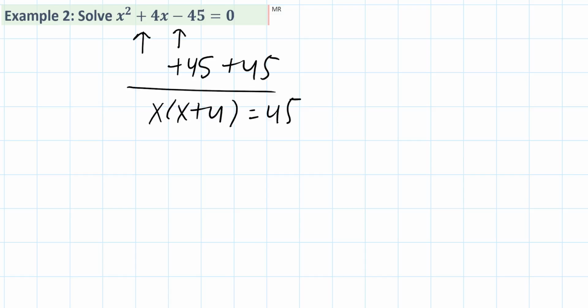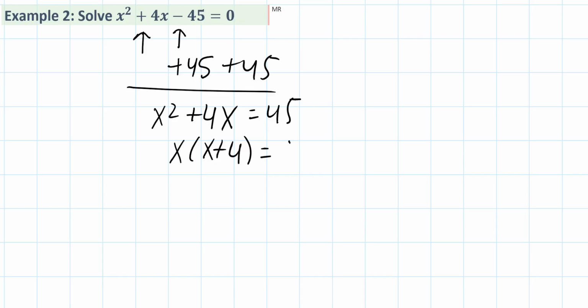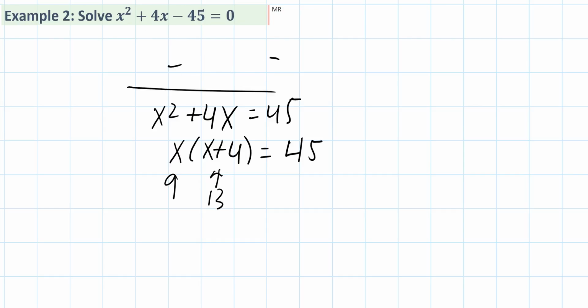You would get x squared plus 4x is 45, which maybe you would factor. Then you have two numbers that have to multiply to 45. Well, what are the factors of 45? Could this be 9? No, because 9 plus 4 is going to be 13. 9 and 13 don't multiply to 45. It's pretty messy to try to come up with solutions this way.